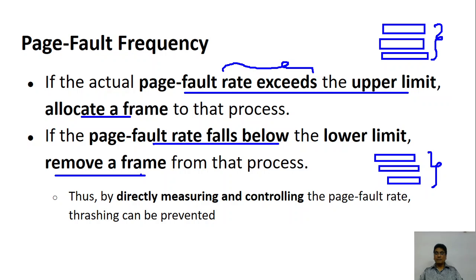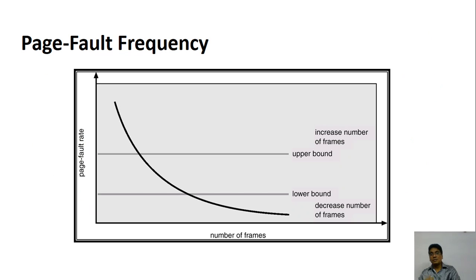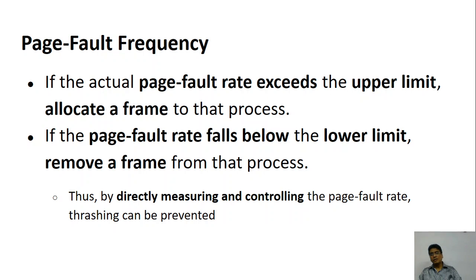What is the meaning of that? Look at one process. I was explaining with respect to the system as a whole. Now take one individual process. If the individual process says I want a page, I want a page, I want a page, in other words it generates many page faults, you check within a second how many page faults it has generated.